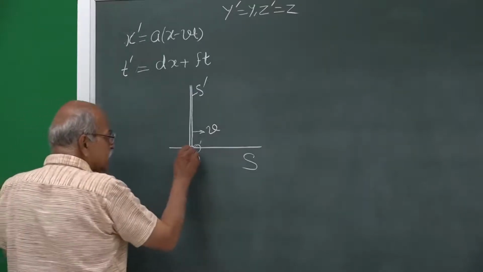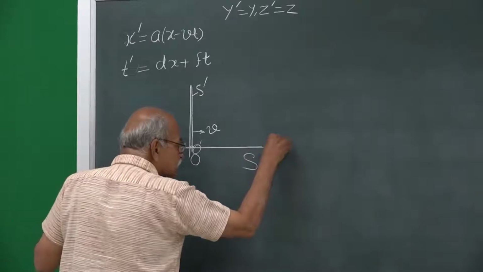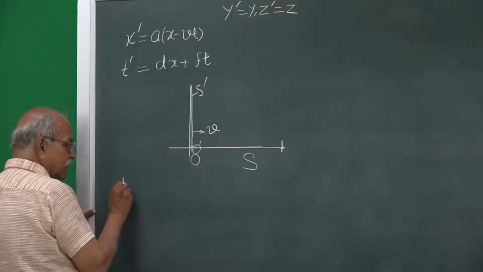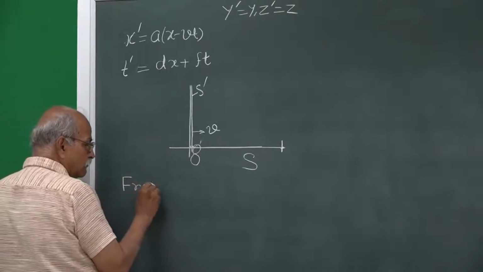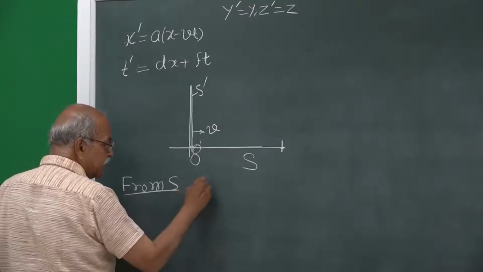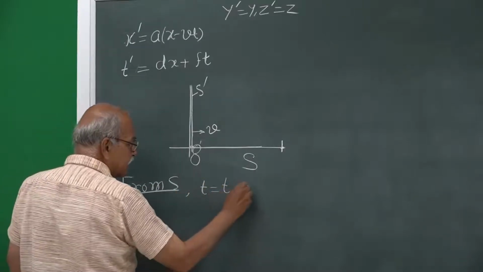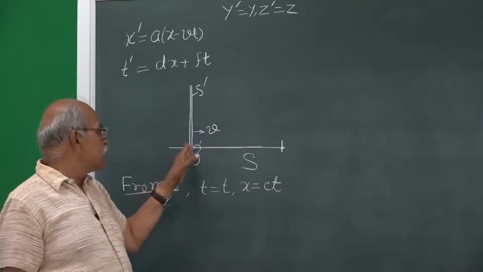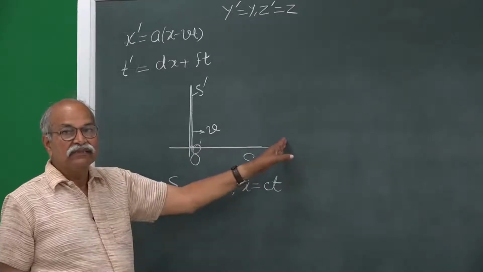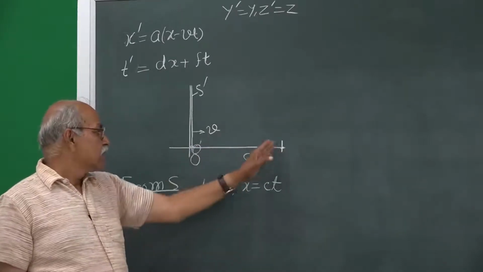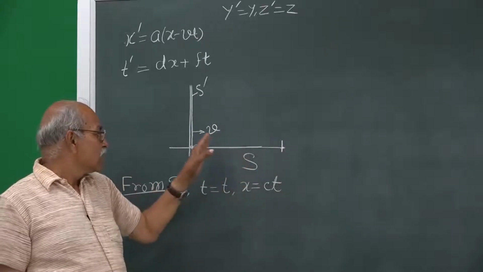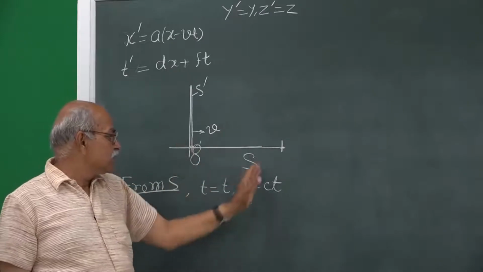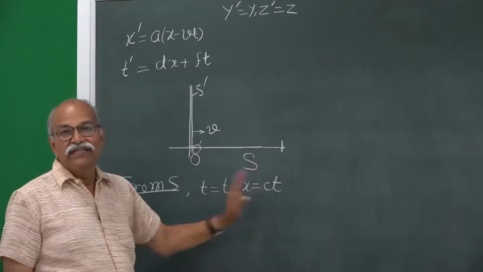So, this light which is emitted has reached somewhere here. From S, time is t and x is c t. The distance covered must be c t, so x is c into t.